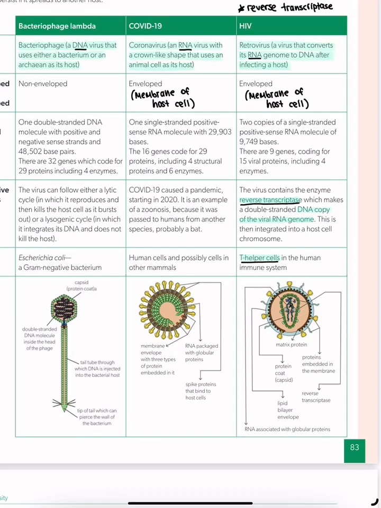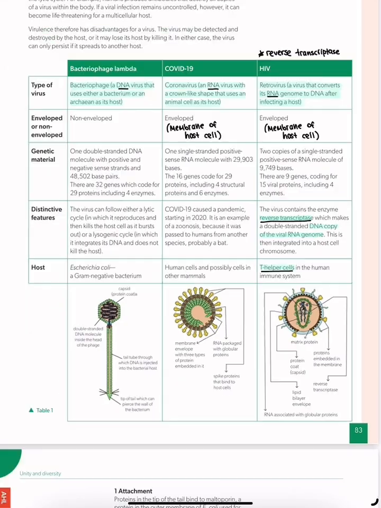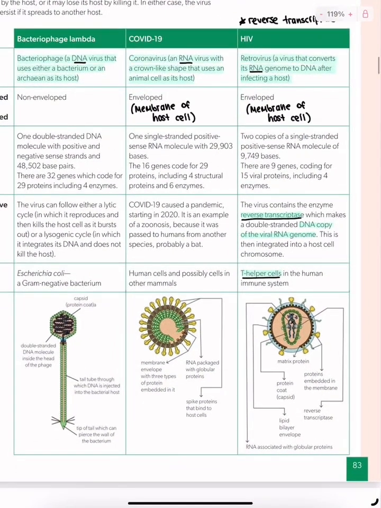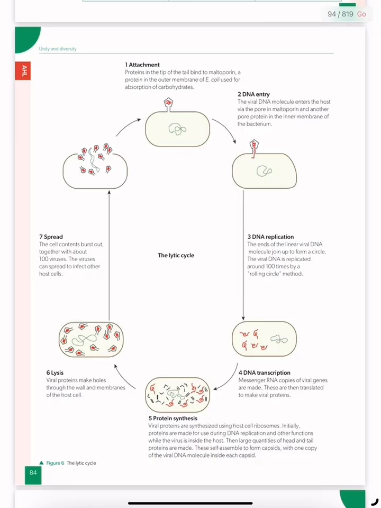It contains the enzyme reverse transcriptase, which makes a double-stranded DNA copy of the viral RNA genome. This is then integrated into a host cell chromosome. The host cells for the HIV virus, which affects the immune system, are T helper cells in the human immune system.